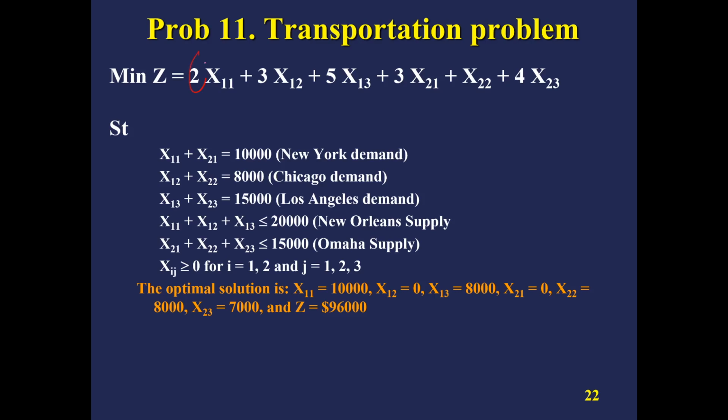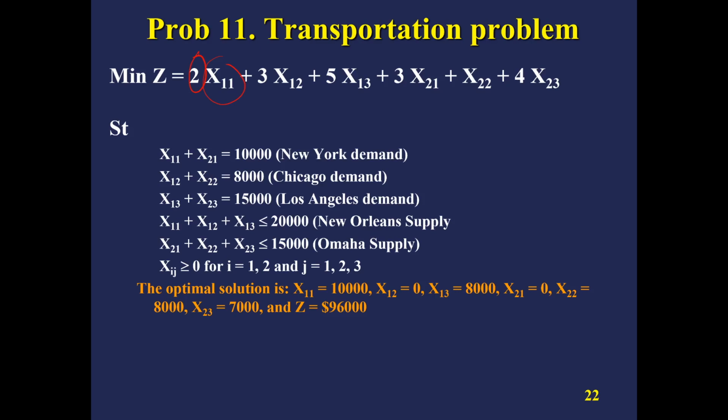These are the costs of transporting one bike, and X11 will be the number of bikes transported from source 1 to destination 1, etc. Subject to these constraints, we have the following.